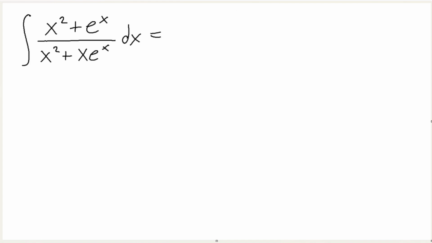But what about dividing by both x and e to the x? Huh. Let's try that. If we divide by x e to the x, top and bottom, let's try that. Right. x e to the x with x squared plus e to the x. I'll deal with that later.